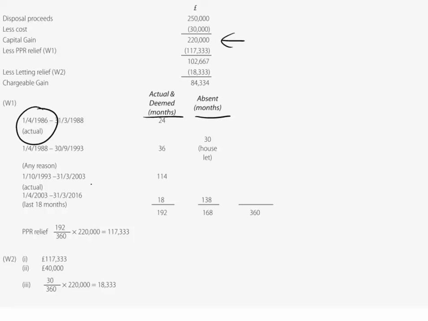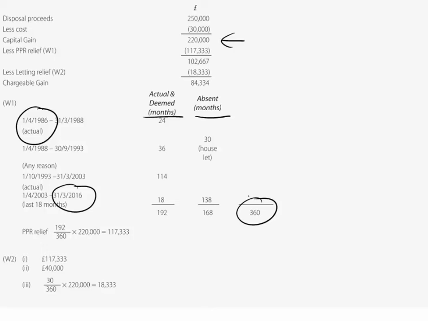Acquired on the 1st of April 86, sold 31st of March 16, so 31st of March, 1st of April, exactly a year. 86 to 2016, therefore, how many years will that represent? That therefore will be some 30 years in total, and 30 years at 12 months will be 360 months of ownership.